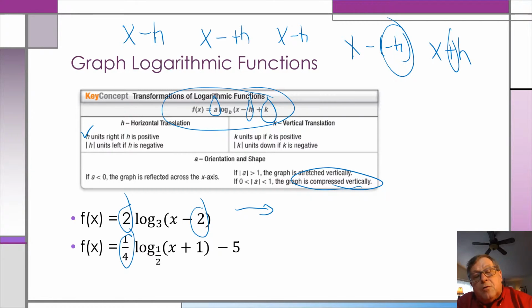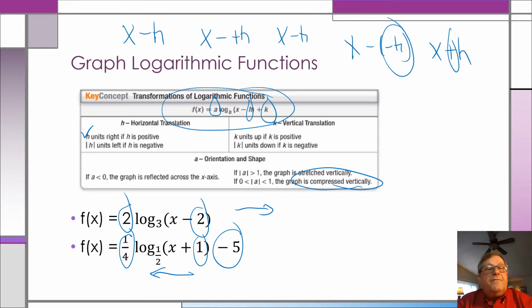Then I got a horizontal translation. This positive 1 right here, which is really a negative 1, is going to move it to the left 1 unit. That's going to affect my asymptote. My asymptote will no longer be at x equals 0, but at x equals negative 1. And it should move my x-intercept from 1 to 0. And then we've got a vertical translation down of 5.